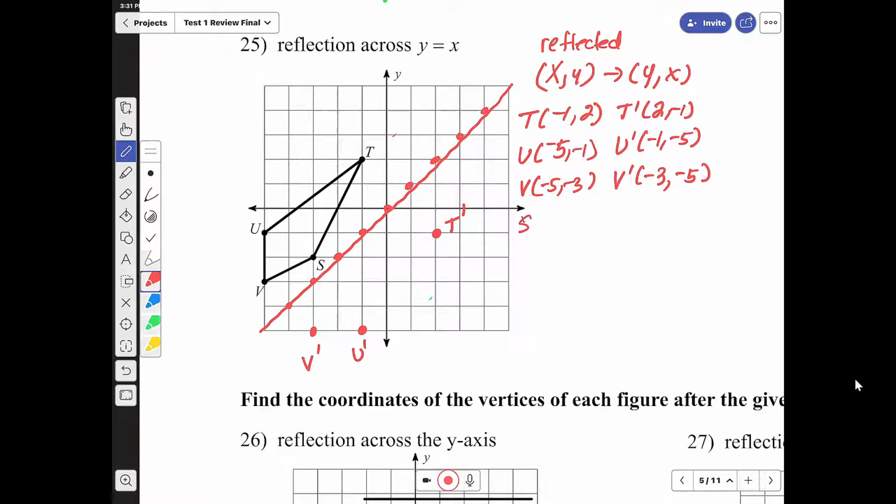S is negative 2, negative 3, so S prime will be negative 3, negative 2. That's S prime. Connect the points. And there's our reflection over y equals x.